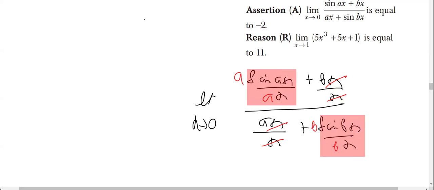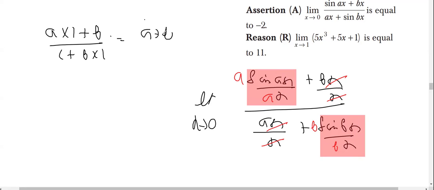So in turn, what we are getting here is a into 1 plus b into 1, and below it's 1 plus b into 1. So finally it's a plus b over a plus b only. So that is equal to 1, right?